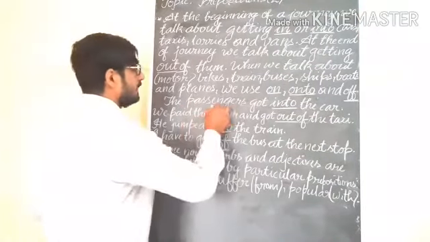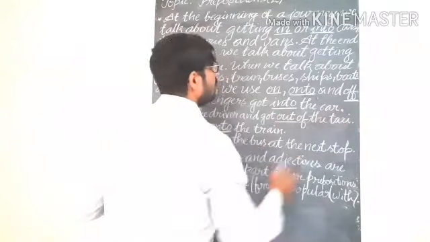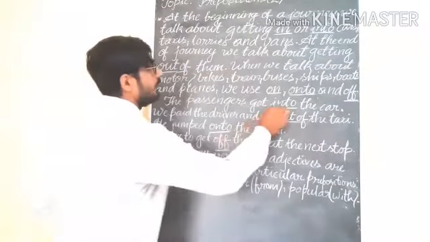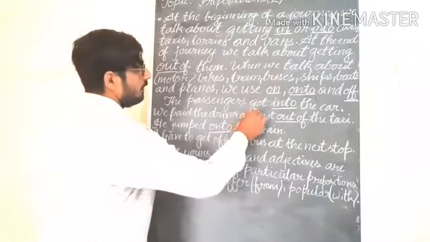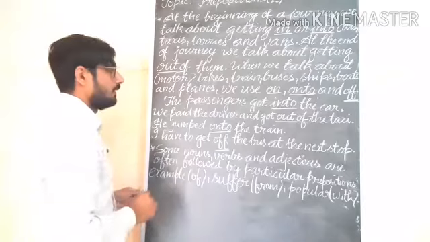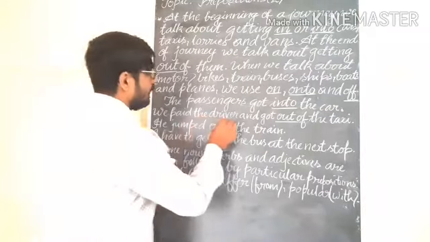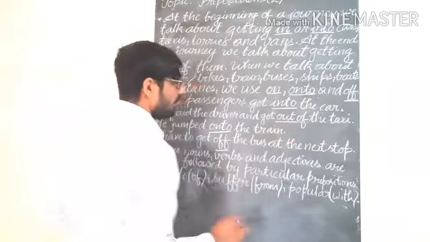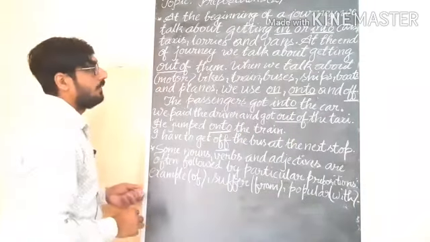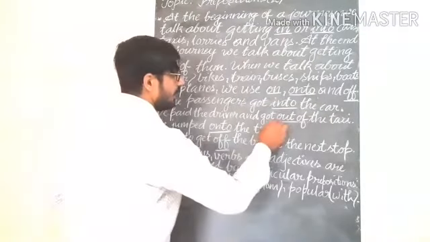So look at the examples. The passengers got into the car. We use "into" here. We paid the driver and got out of the taxi. We use "got out" when we complete the journey, at the end of a journey.